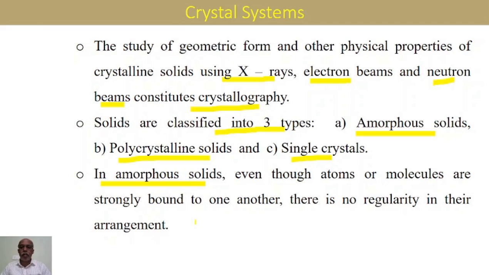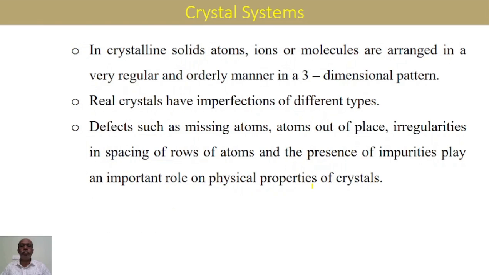They are not periodically placed with reference to one another, even though they are strongly bound to one another in case of these amorphous solids. And in crystalline solids, the atoms, the ions, or the molecules will have a regular and ordered arrangement, and they are arranged in a regular three-dimensional pattern.